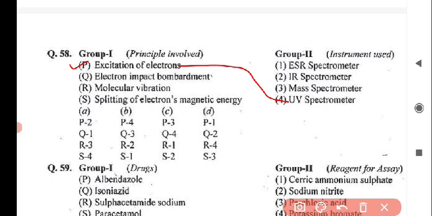For second option, that is electron impact bombardment, correct answer is option number 3, mass spectrometer. And while for molecular vibration, the correct answer is option number 2, IR spectrometer. And for splitting of electrons magnetic energy, correct answer is ESR spectrometer. So option number B is correct for this.